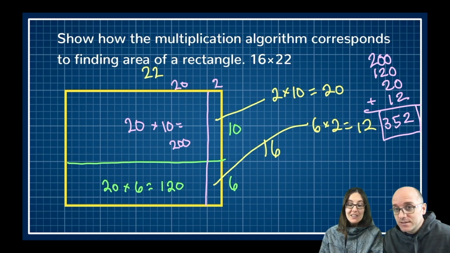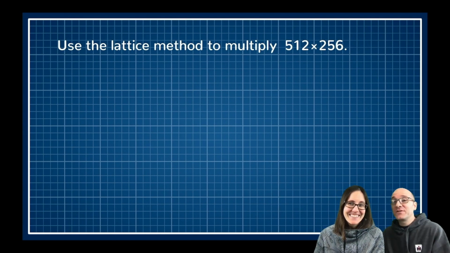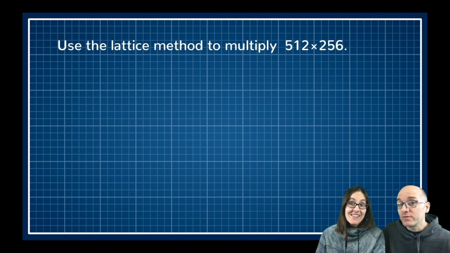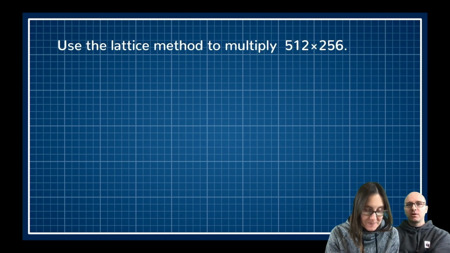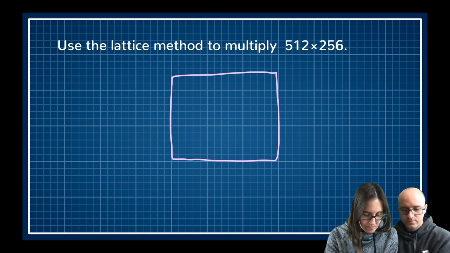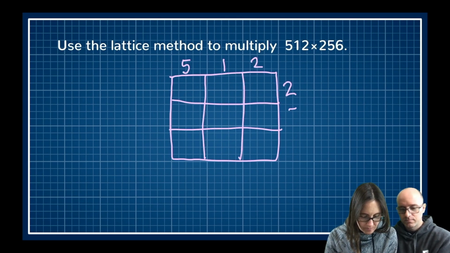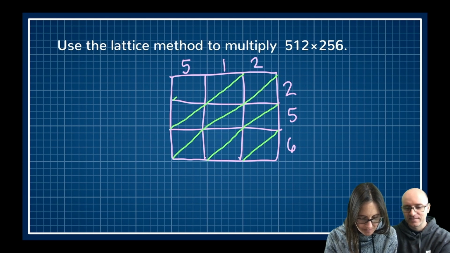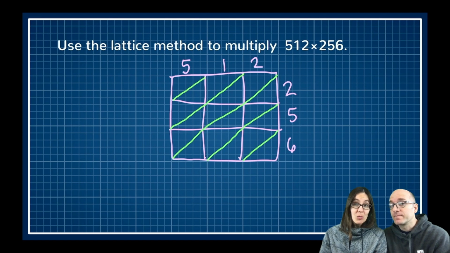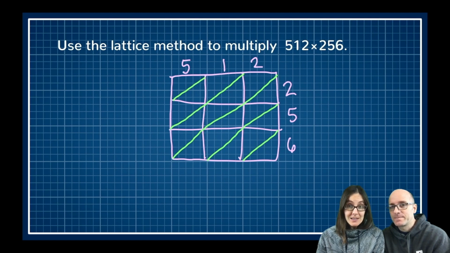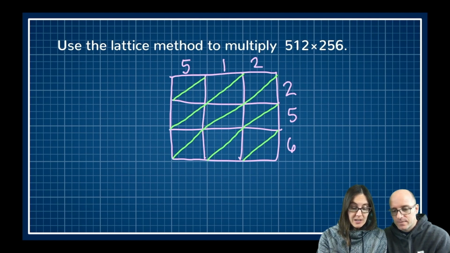Lattice multiplication. What is 512 times 256, Science Mom? We're going to do this using lattice multiplication. Okay, so I can do this. Draw out that big 3x3 grid now. I've got it set up so that I can multiply 512 by 256, and I'm going to start down here with my 6 and multiply it by 2.